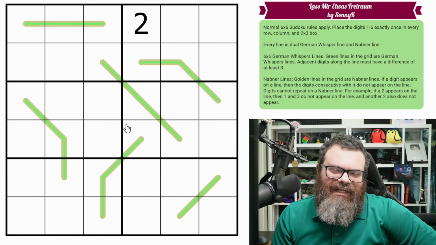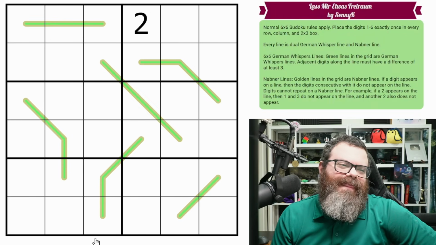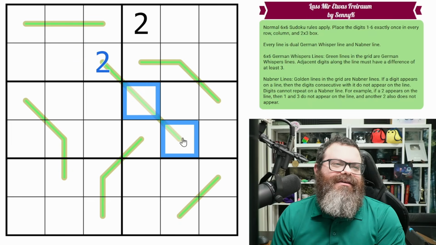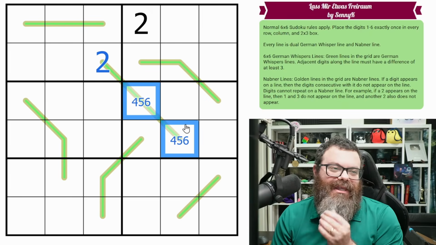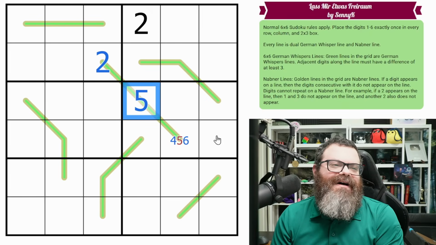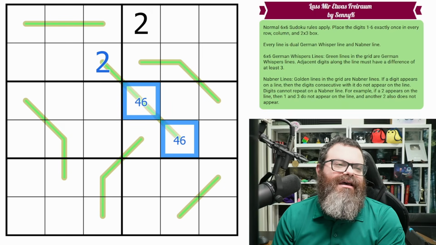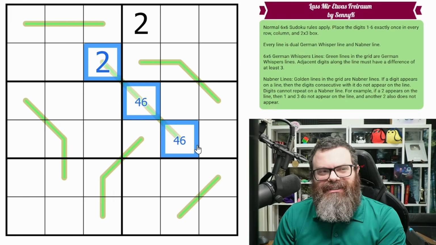Okay. Let's talk about 3-cell Nabners first. If you put a 2 or a 5 on it, then it forces it. So if you put a 2 on a Nabner anywhere, then the remaining digits are 4, 5, 6, because we can't put 1, 2, or 3 on it. But you'll notice if we use a 5, the other one will be 4, 6, and it'd be forced to be consecutive. So 5 is actually gone. So 2 forces 2, 4, 6.